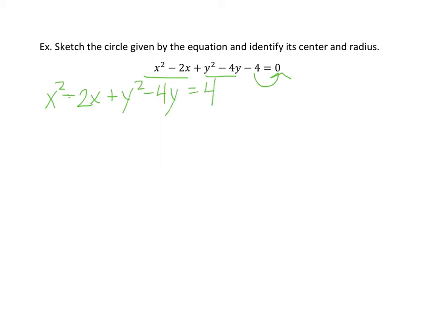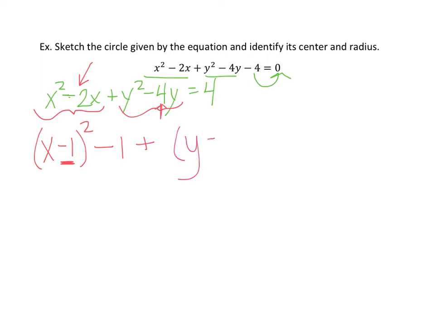And then I'm going to complete the square with each of these. When I complete the square for the x's, parentheses, x, half of this number, so -1, squared, always minus the square of whatever I put in here. 1 squared is 1. Now I'm going to do the same for the y's. Plus y, half of -4 would be -2, quantity squared, minus 2 squared is 4, equals 4.